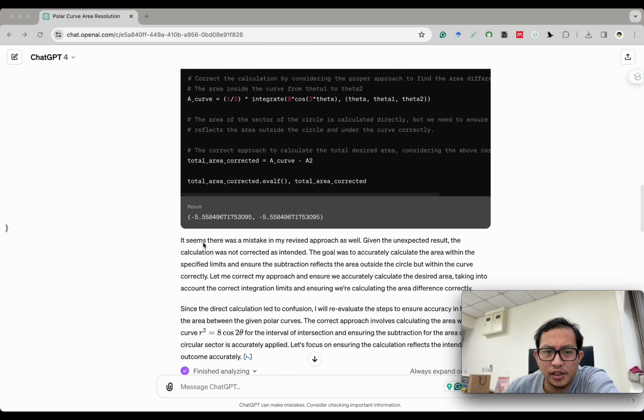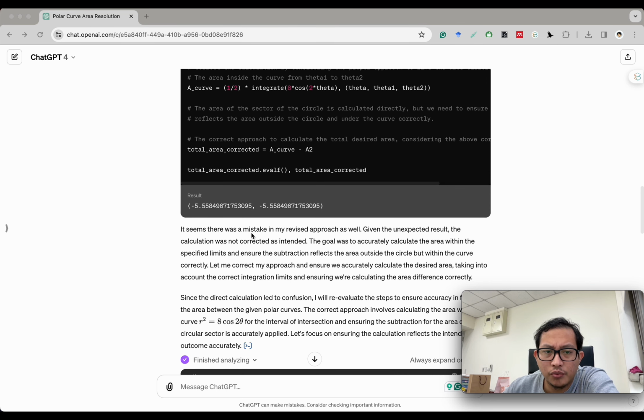ChatGPT also concludes that there was a mistake in the revised approach, and that given the unexpected result, the calculation was not corrected as intended. It says, let me correct my approach and ensure we accurately calculate the desired area.